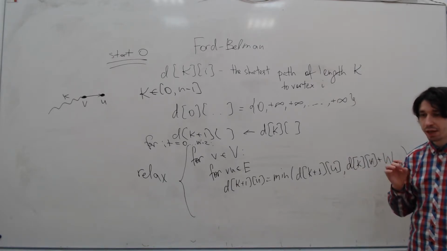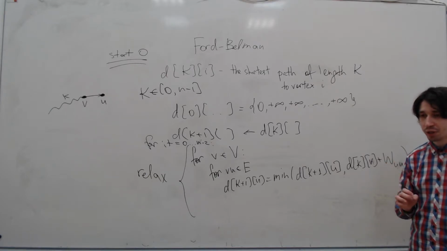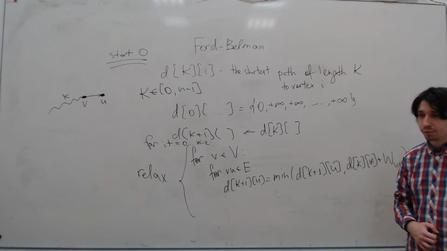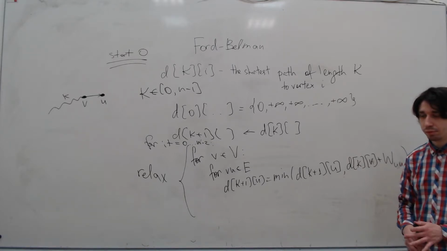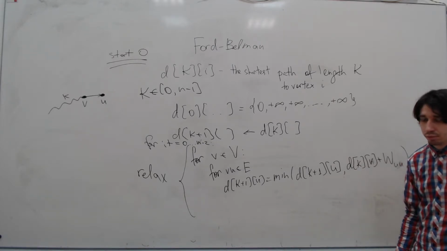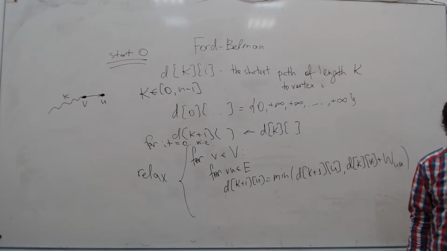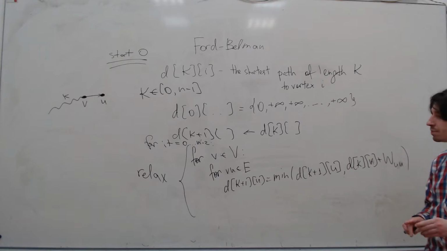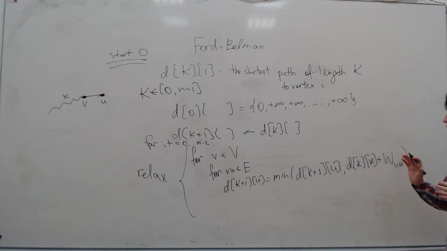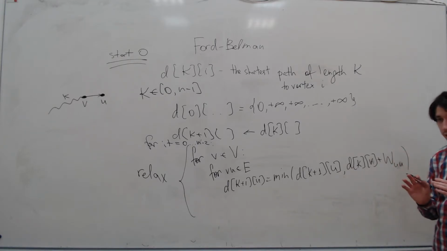So this means that the distance can be as small as possible. Okay, let me skip this. The problem is the negative cycles.